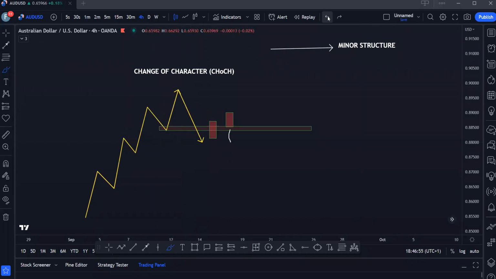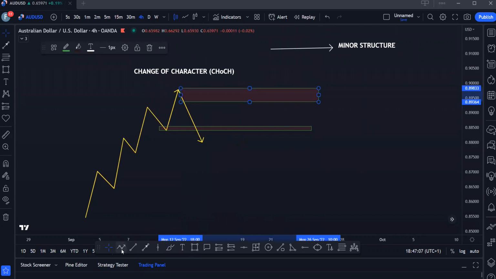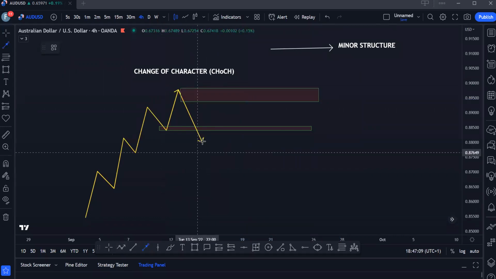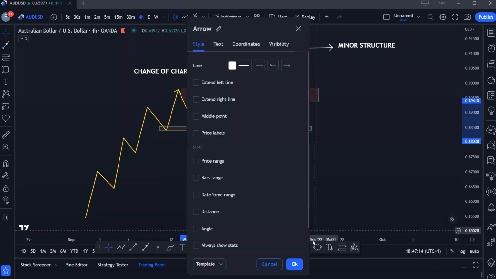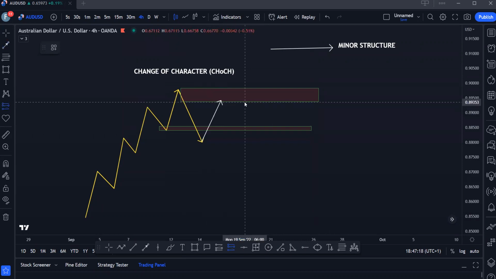Once price breaks structure like so, change of character, you want to now start looking for sell opportunities. So once price retraces into this zone somewhere here, you want to start looking for sell opportunities.